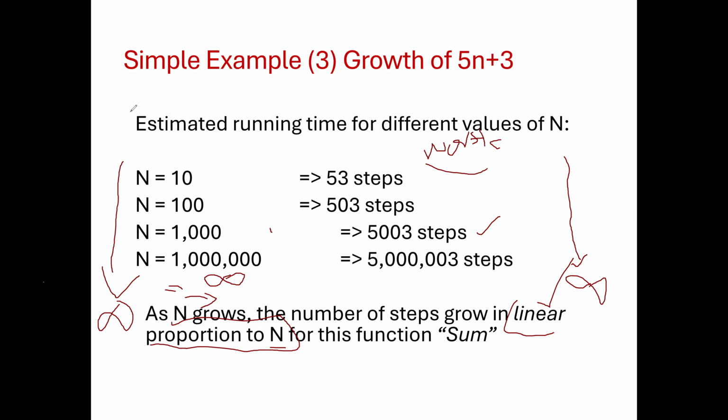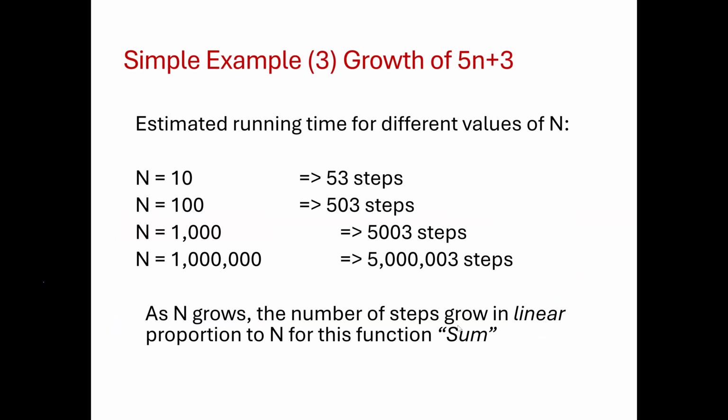And as we can see here, in the worst case scenario, this algorithm will grow in linear proportion to n for the algorithm that we just analyzed. I hope I'm making sense. Yes, sir. Okay.